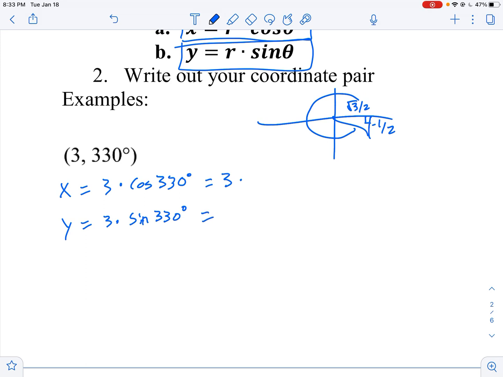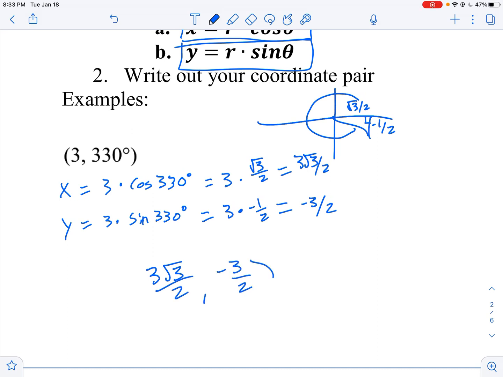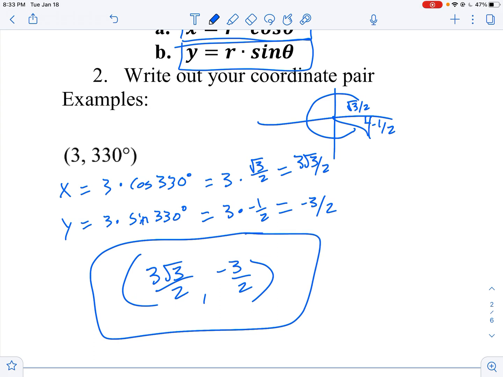So this becomes 3 times root 3 over 2, and this becomes 3 times negative 1/2, which will give you a negative 3/2 for the y, and then 3 root 3 over 2 for your x. And so altogether, you get 3 root 3 over 2, comma, negative 3/2, and we got it. Those are the rectangular coordinates for these polar coordinates here.